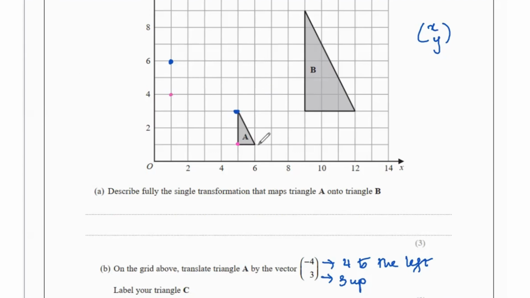And then lastly, this point will obviously come over here. So if we connect the points, this is your triangle C. As you can see, the size of the shape is exactly the same. The direction of the shape is also exactly the same. The only thing that's changed is where the shape is placed now.